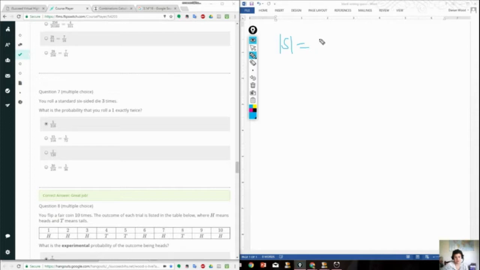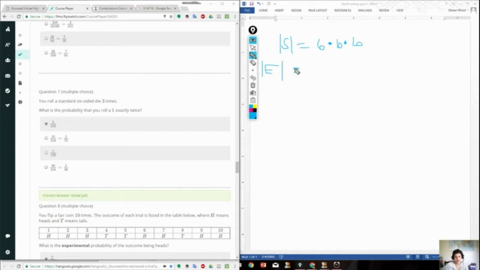My first roll, I have 6 options, the numbers 1 through 6. On my second roll, I still have 6 options, and on my third roll, I have 6 options still, 1 through 6. And I want to find out how many times the event where I roll a 1 exactly twice is.